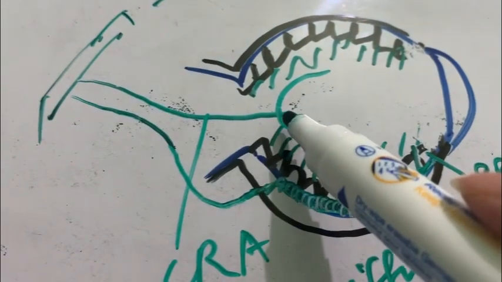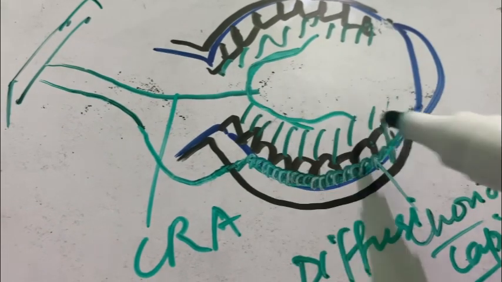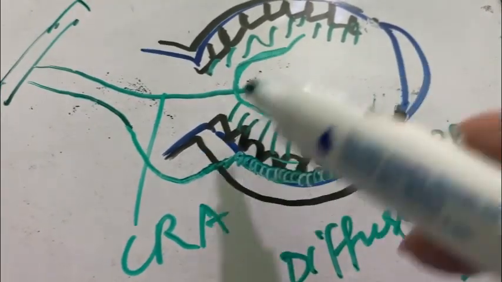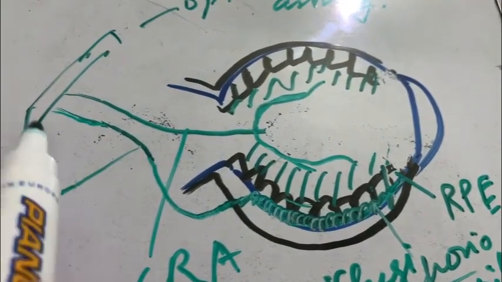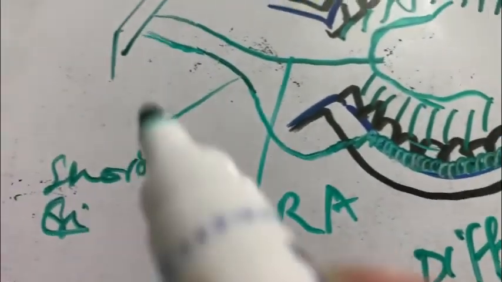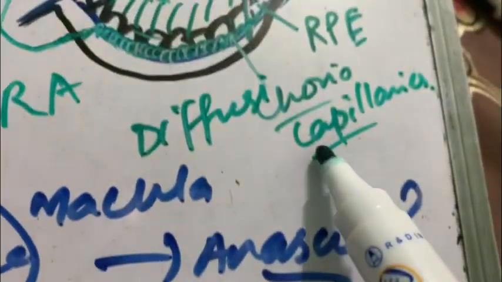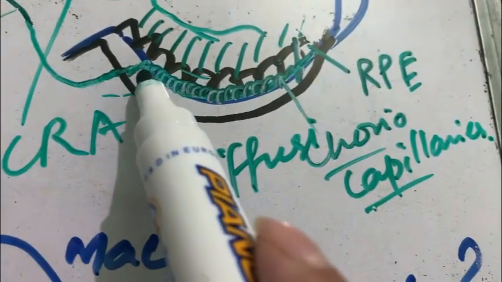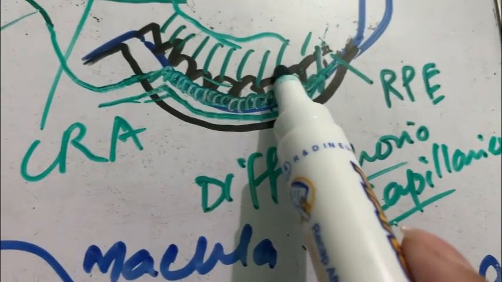While this branch of the ophthalmic artery directly supplies blood to the neural or inner part of the retina. This branch of the ophthalmic artery is called the short ciliary artery that forms choriocapillaries when it pierces the sclera, and at the level of the choroid it continues and provides nutrition to the RPE.